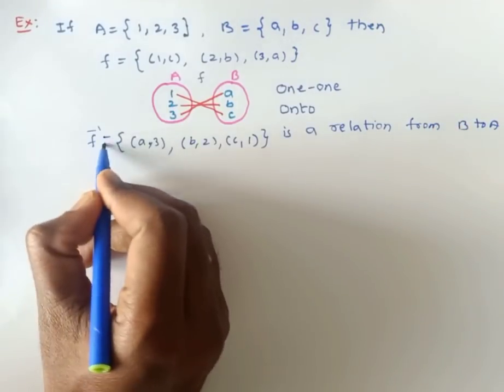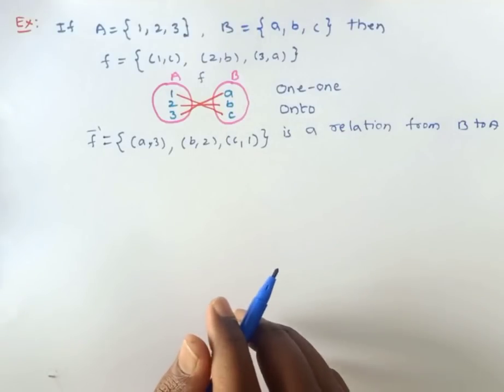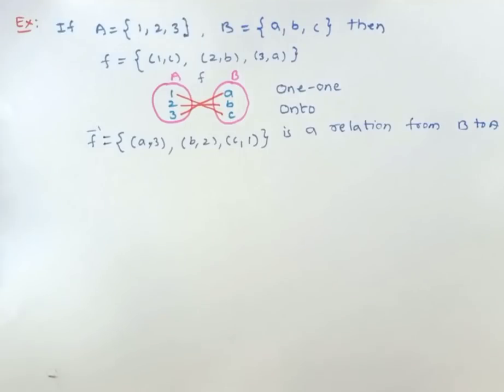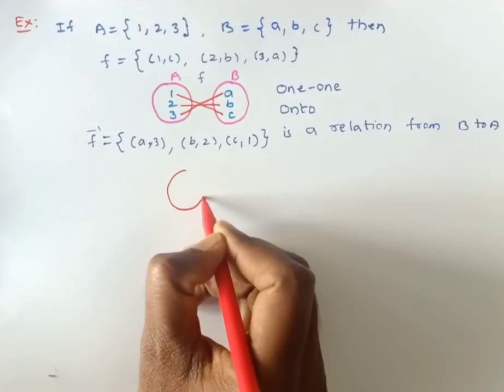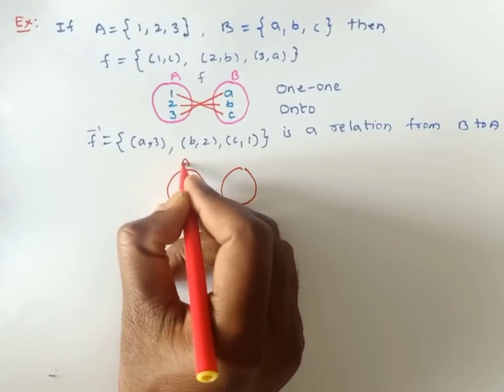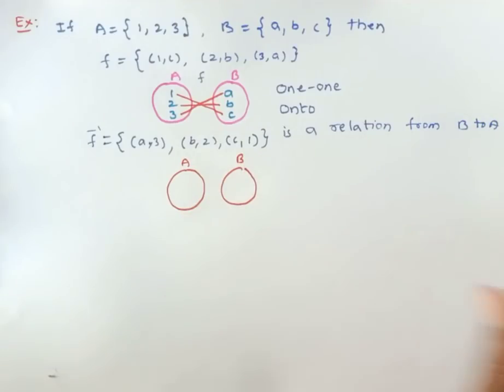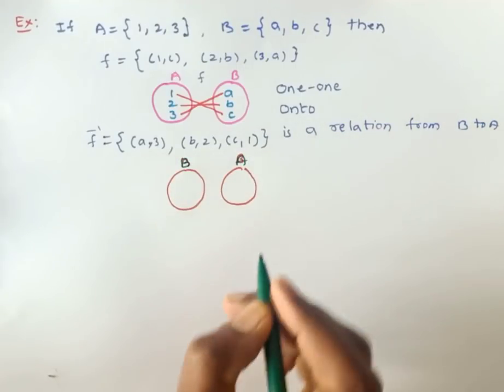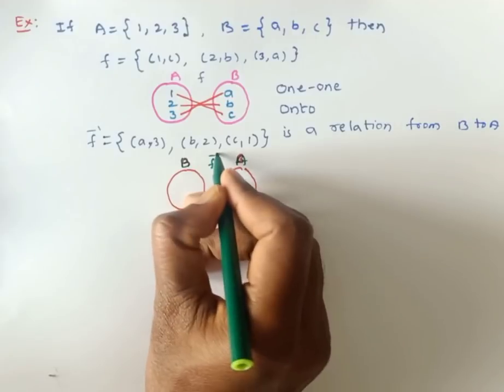For this relation, you need to apply the definition of a function in the reverse manner. So this is set B and set A, and the relation is F inverse.